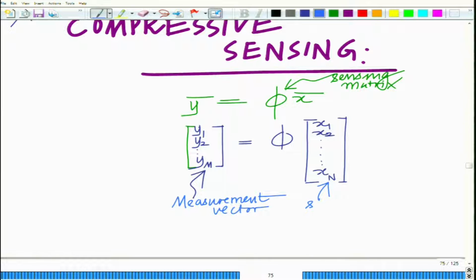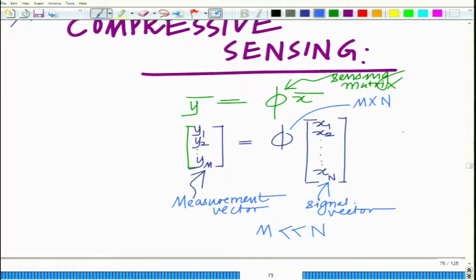and this is your signal, and this is your sensing matrix, and remember this is an m cross n matrix, and what we have is that m is less than or equal to n, that is we make significantly fewer measurements, or let us say m is significantly lower than n.